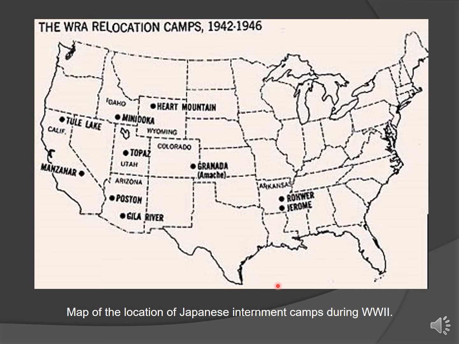And as I mentioned, many of these Japanese people will actually end up losing everything. In 1988, the United States Congress issued an apology and gave $20,000 to every survivor of the Japanese internment camps. But for many, of course, it was too little too late, and many of them had already died by that point.